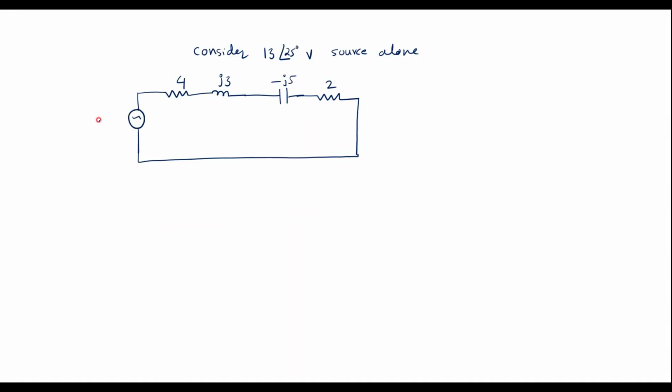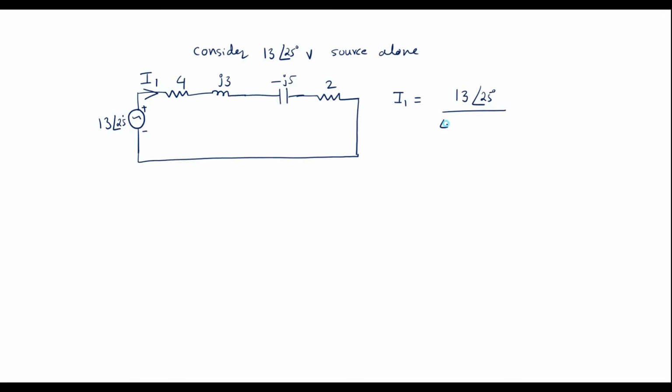Here the value of this is 13 angle 25 degree. Let me assume this has positive terminal, this has negative terminal. So here we have only one loop. So I is equal to voltage divided by sum of all these. So I can write I1 is equal to 13 angle 25 degree divided by, we have 4 plus J3 minus J5 plus 2.